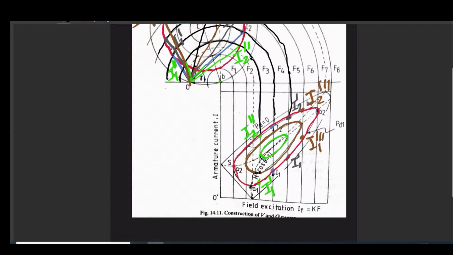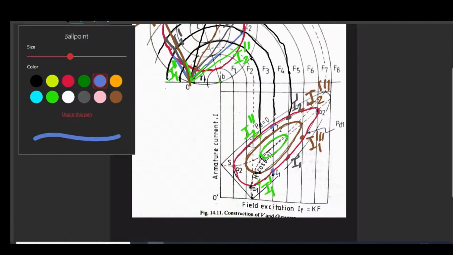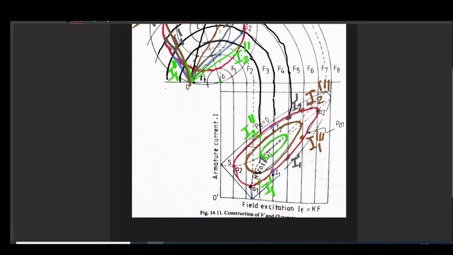If you get these kinds of curves and join them, they will give you the condition of unity power factor operation, right?